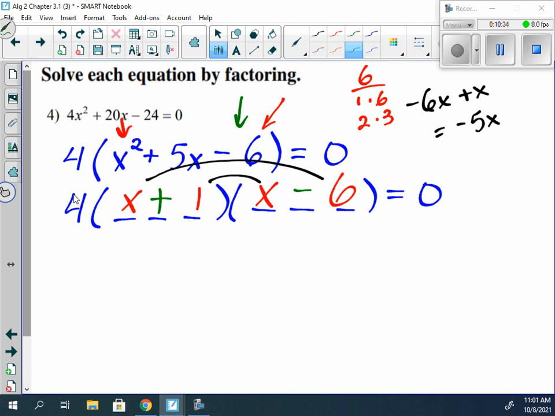We need to switch the signs so that the 6 would be positive and the 1 will be negative. So that would be correct. So 4 times x minus 1 times x plus 6. Right? Okay. So what do we do next?